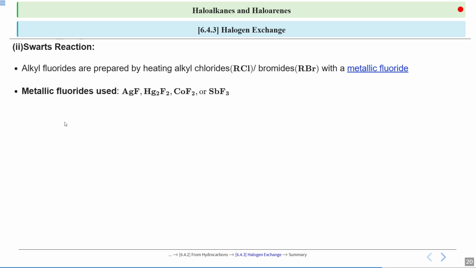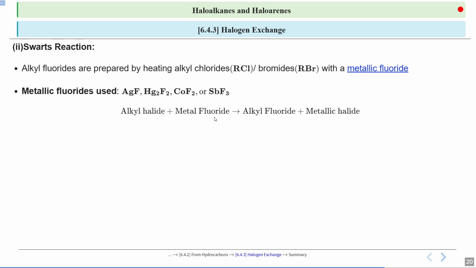You take any alkyl chloride or alkyl bromide and react it with a metal fluoride, and you get the desired alkyl fluoride as your product, plus a metallic halide as your side product.